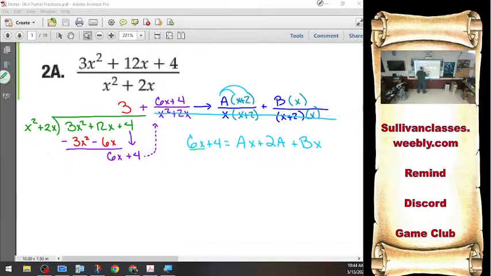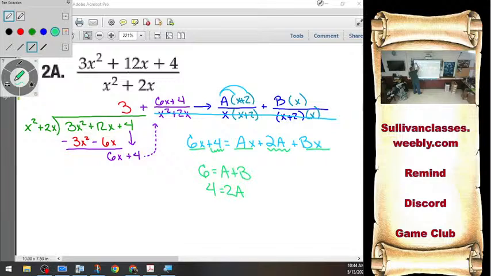I got this much x, this much x, this much x. System. Got that much constant, that much constant. Solve.